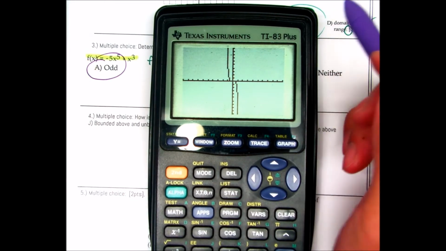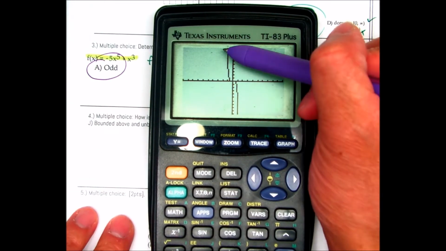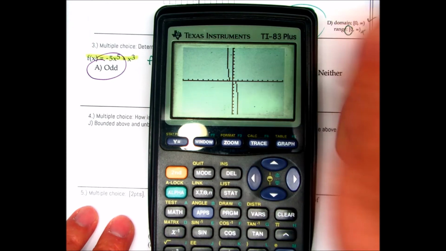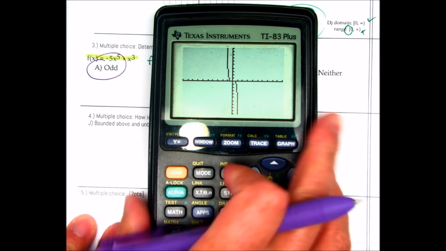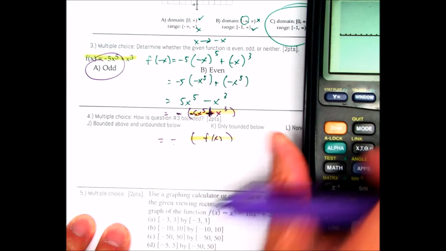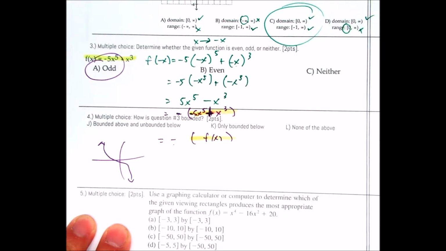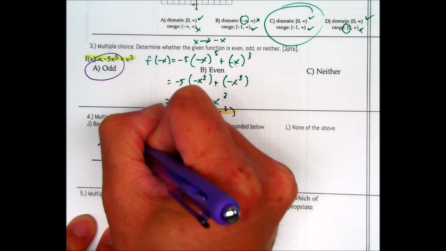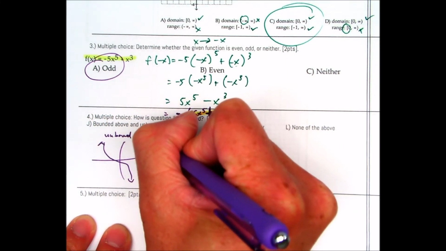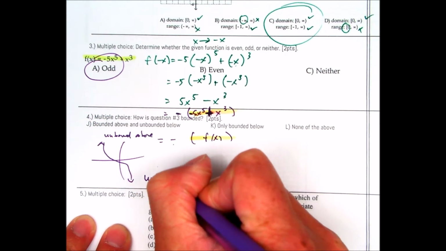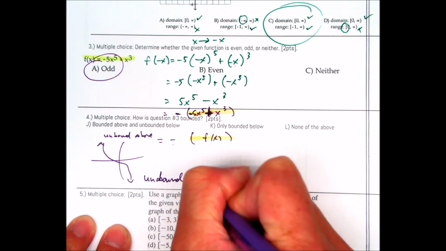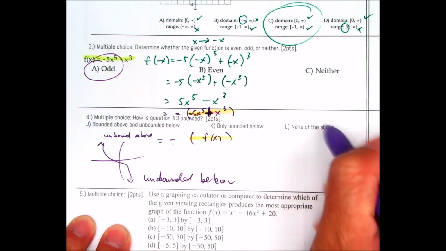They call this an odd degree function. So notice how arrows and arrows. So it would be unbounded above, unbounded below. So that would be none of the above.